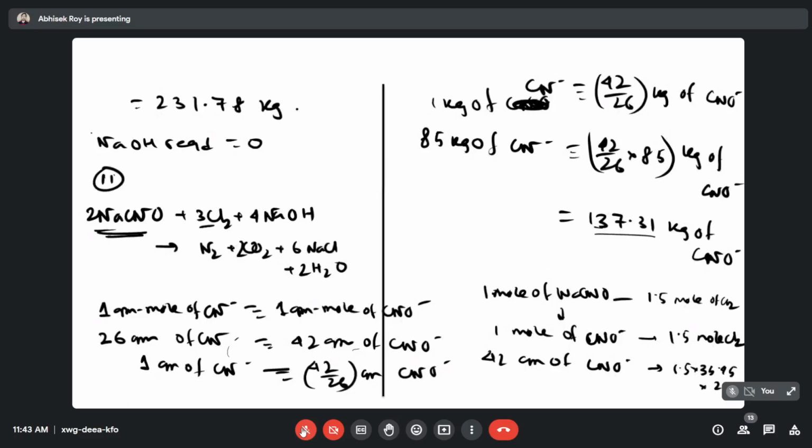If we can see, 1 mole of CNO requires 2 mole of NaOH. So for 1 mole of cyanate, you need 2 mole of NaOH, right?